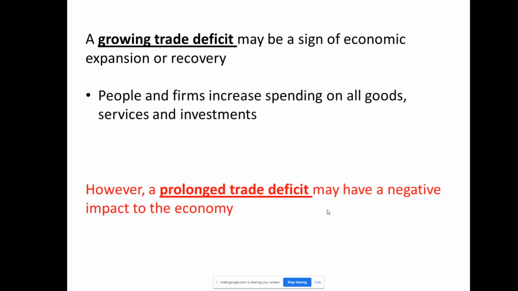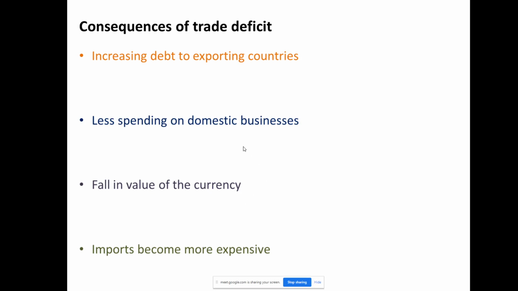So now we are going to talk about what will be the consequences if we have a prolonged trade deficit. Take a look at this. Here you can see all the consequences when you are having, let's say, a prolonged trade deficit. Take a look at the first one.